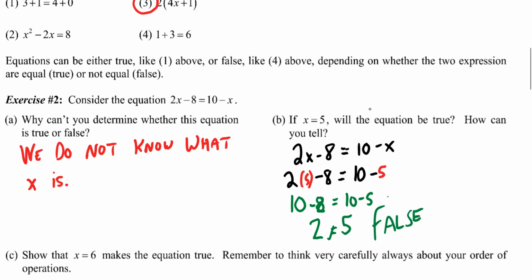So I say 7, but here's what we're saying. 2x minus 8 and 10 minus x definitely don't look the same. Maybe they're equivalent, but it might depend on what number it is. So I say, hey, let's try 7. If we're testing for equivalence, 7 is a good number to test.